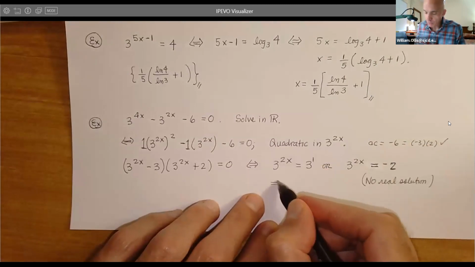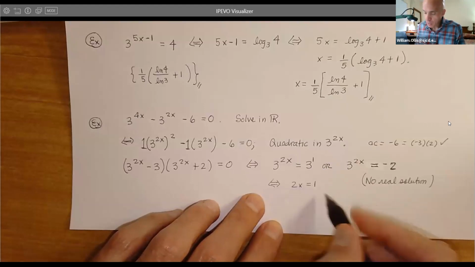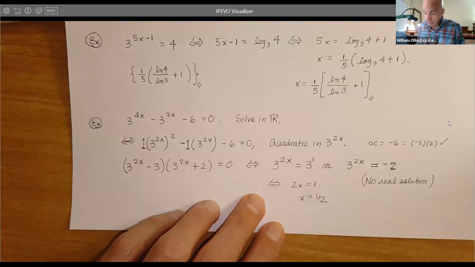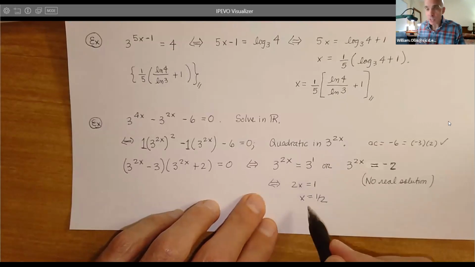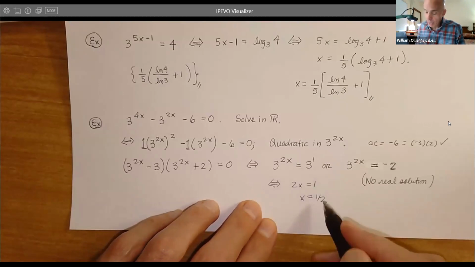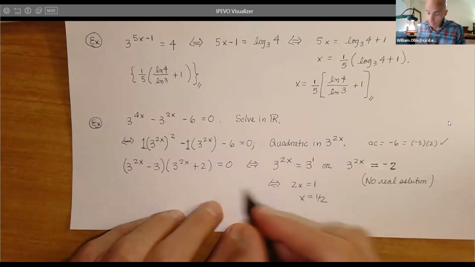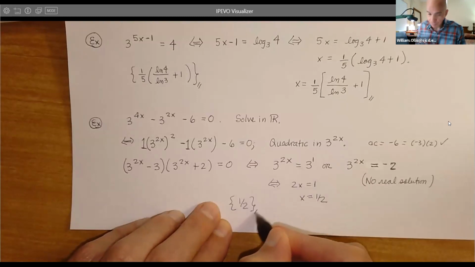So this would be equivalent to 2x equals 1. So x equals 1/2. So we don't have to do any difficult work here. We just got powers of the base, so we set the powers equal. And so in this case, we have 1/2. And so nothing there, but the 1/2 clearly works. And that would be our solution.